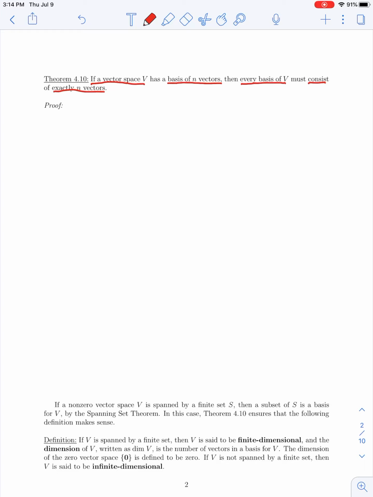So in this theorem, we're trying to show that if we find a basis for a vector space, then every basis for that vector space must consist of the same number of vectors, which we're calling n. So let's see if we can establish this using theorem 4.9.